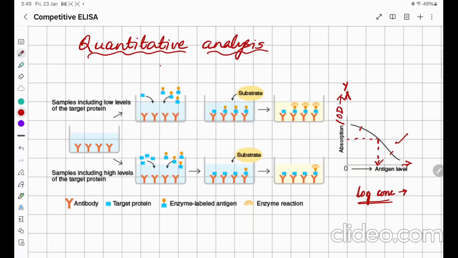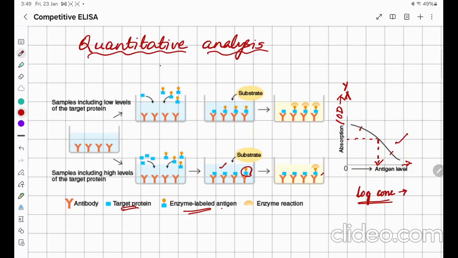Because if the target protein, say antigen, is more, that means the antigen is binding and the binding of the enzyme labeled antigen is less, and if enzyme labeled antigen is less, the color intensity will be less and optical density will be less.